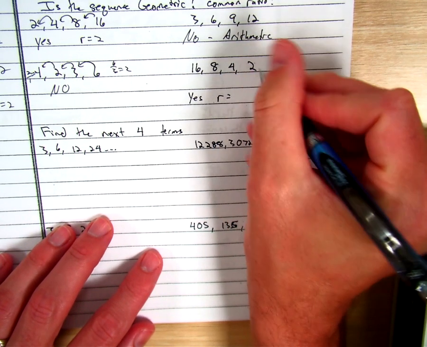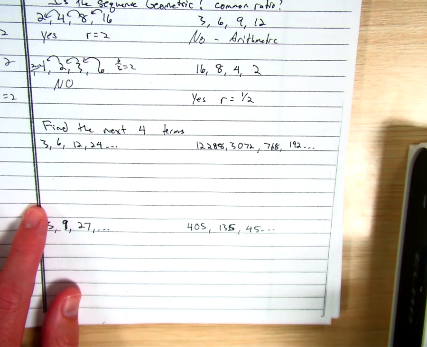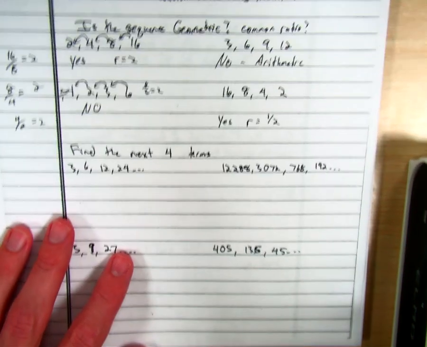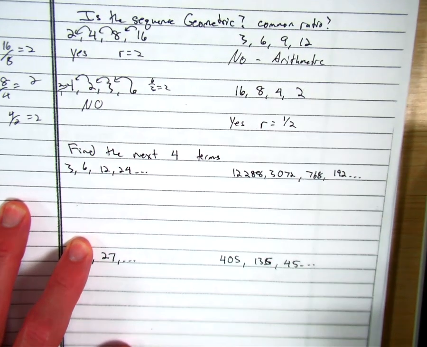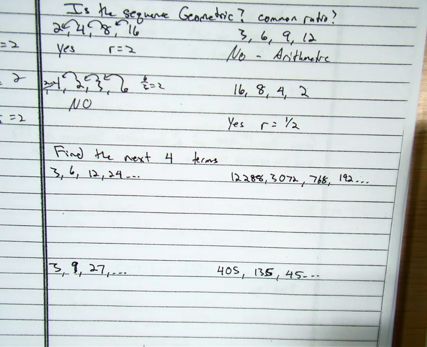If you said dividing by 2, that's technically not wrong, but just like the arithmetic ones were all about addition, so even subtraction we viewed as adding a negative, with the geometric ones being multiplication, we're going to think about division as multiplying by a fraction.